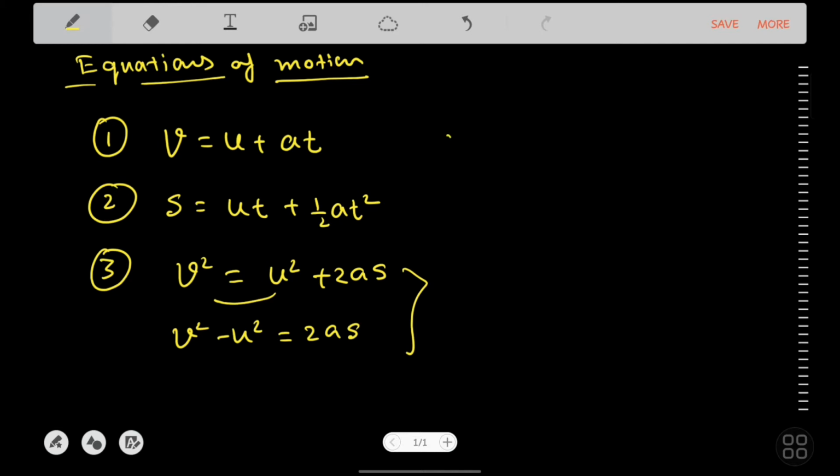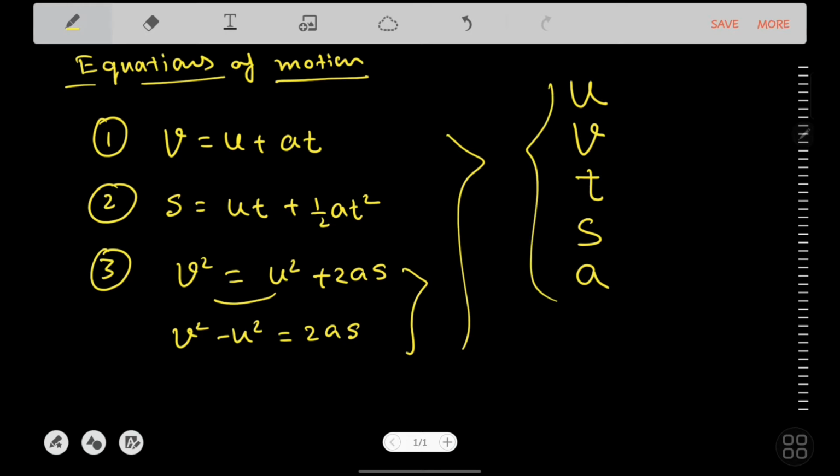So these three equations have different kinds of symbols. As variables we have taken English alphabets, like V, U, T, S, and also A. These symbols have different meanings.